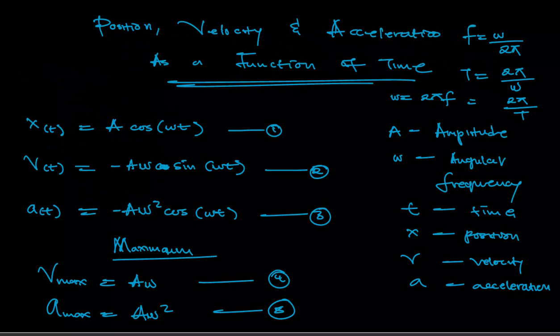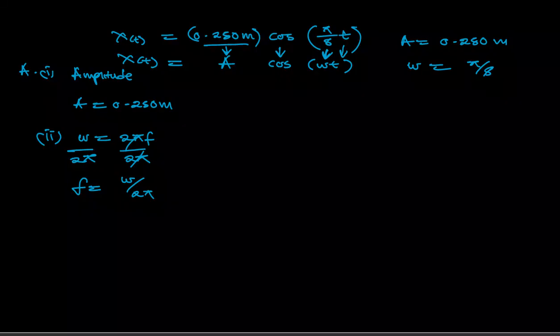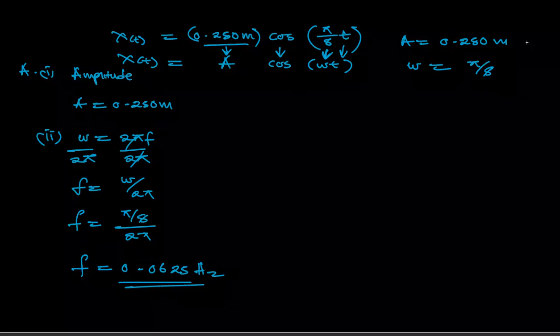So frequency is pi over 8 over 2 pi. You have pi on your calculator, so just plug it in. You get 0.0625 Hz, so that's how you find the frequency.